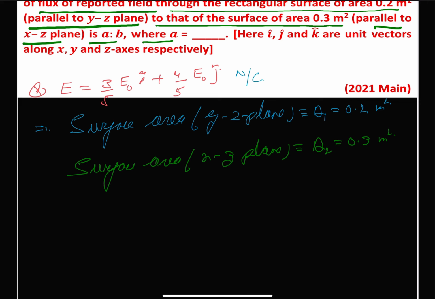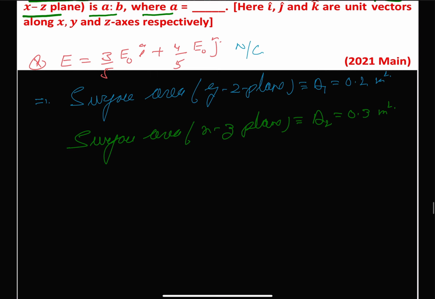First of all, the flux is the dot product of the electric field and our area, and the area here is inclusive of its unit vector. Let me write it out.